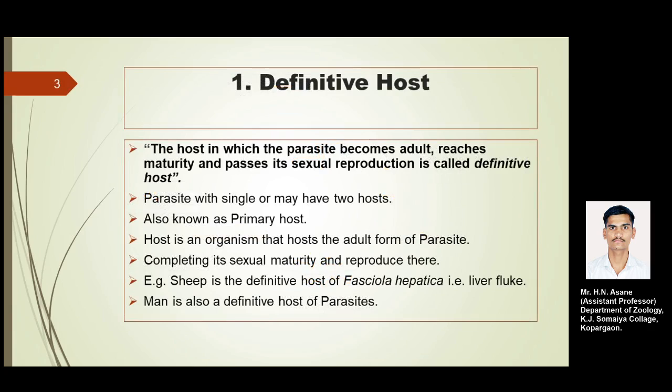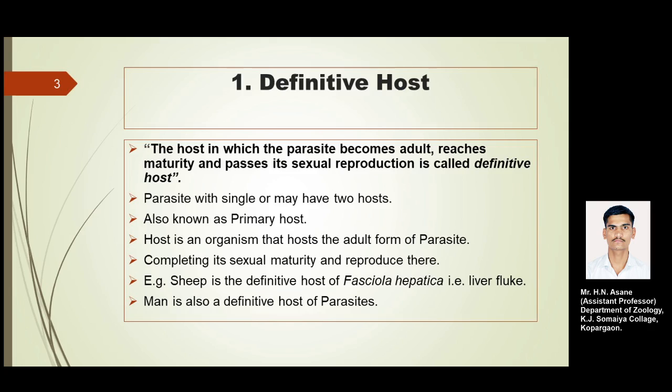The definitive hosts are the hosts in which a parasite develops to an adult or sexual maturity stage, and it is also called the final host or the primary host.